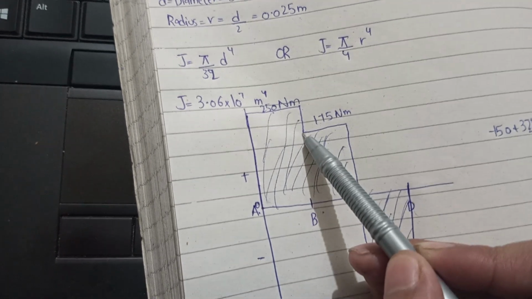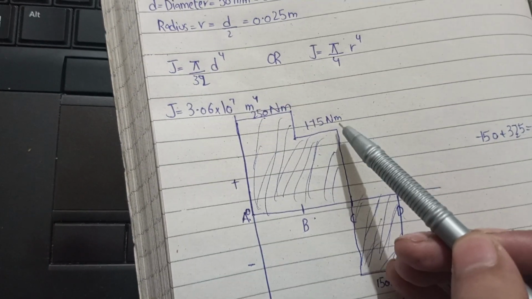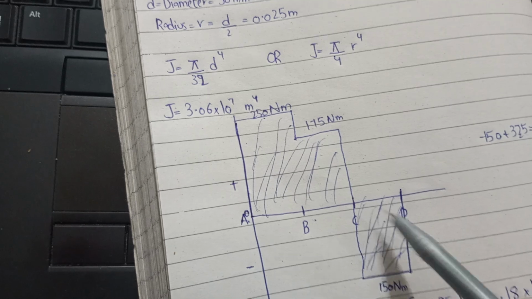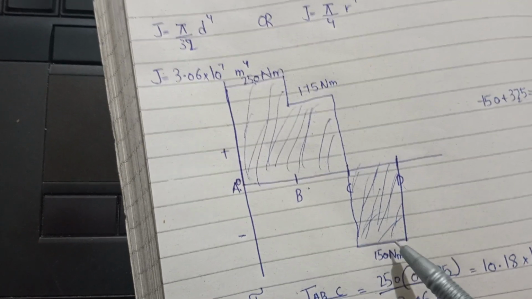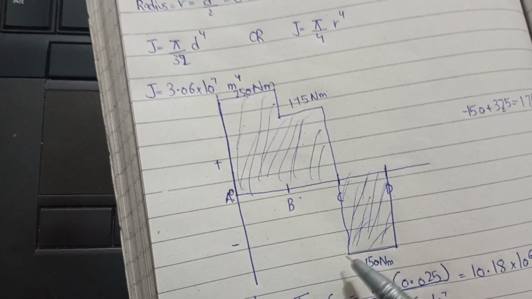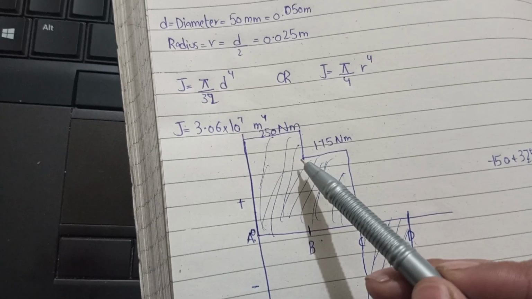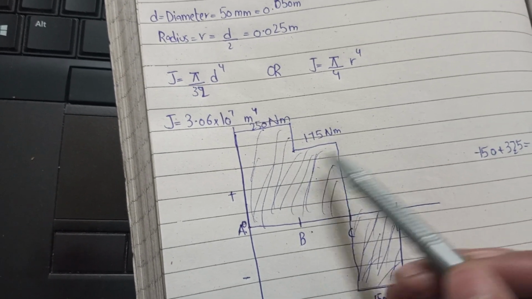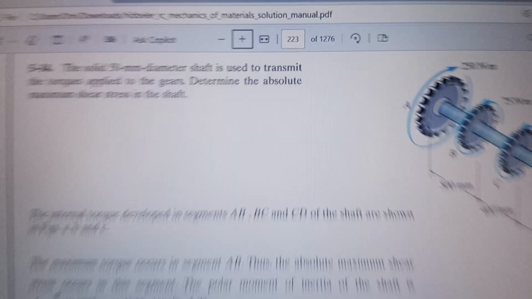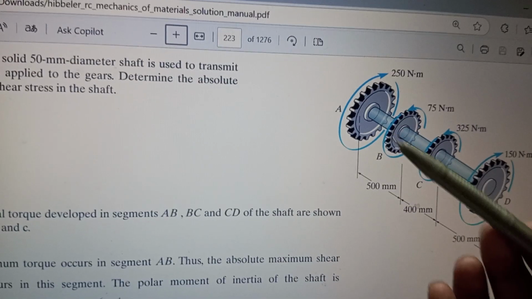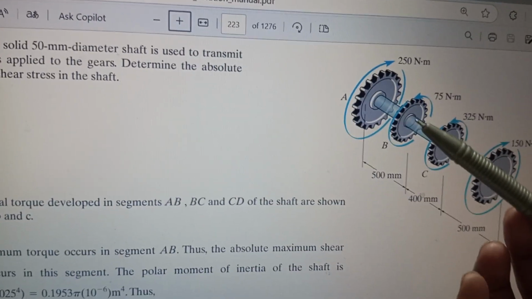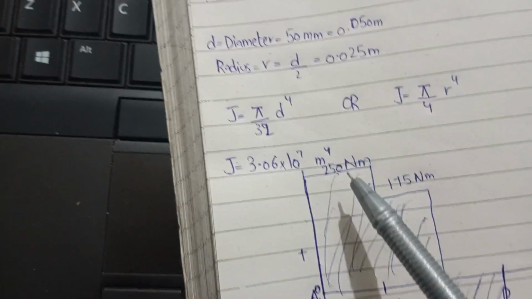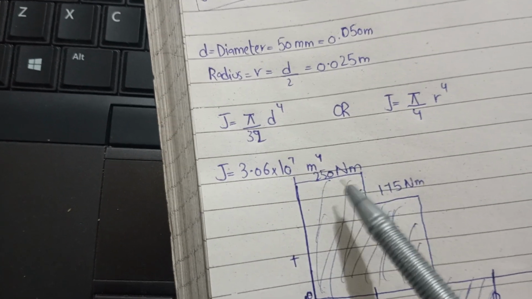Always remember, the internal torque is constant between 2 points. Here you see it is constant 150 Newton meter between C and D. It is also constant between 2 points B and C. Now at point B it is anti-clockwise, so it is also positive. So 175 plus 75 is 250 Newton meter.